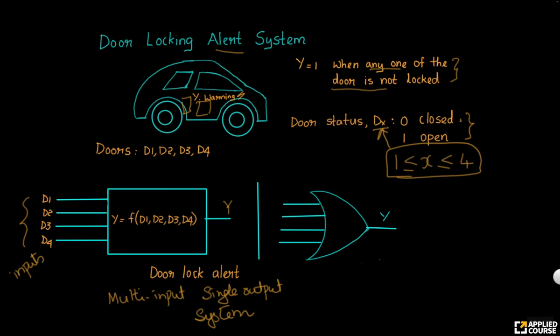In other words, if any one of the inputs is 1, that is either D1 is 1 or D2 is 1 or D3 is 1, or more than one door is open, the concerned alert should be made. It is simply an OR operation.